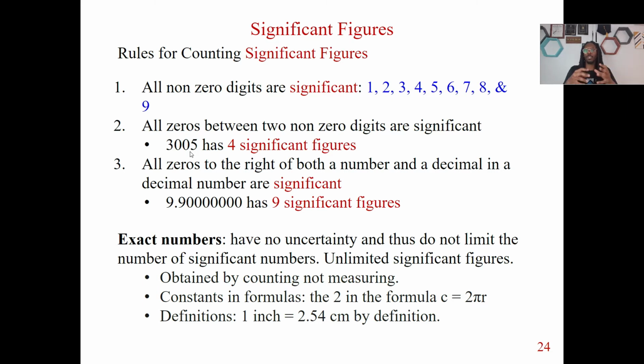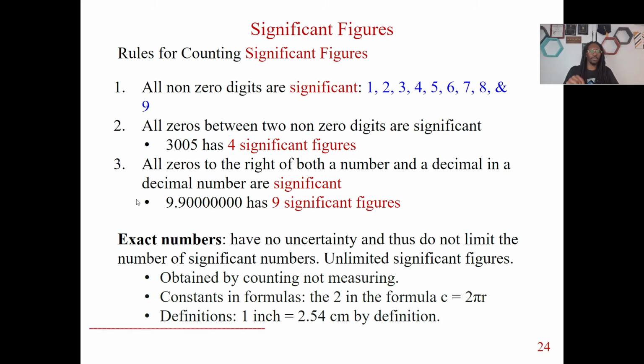So we actually have 4 significant figures: 1, because the 3 is always going to be significant; 2 and 3, because the zeros are in between 3 and 5; and 4, because 5 is a significant number. So we have 4 sig figs here.